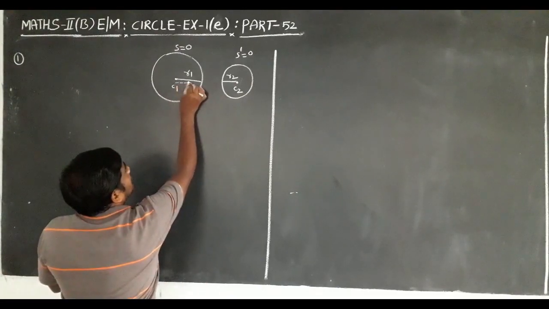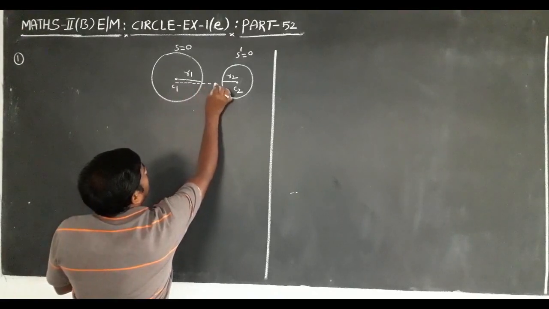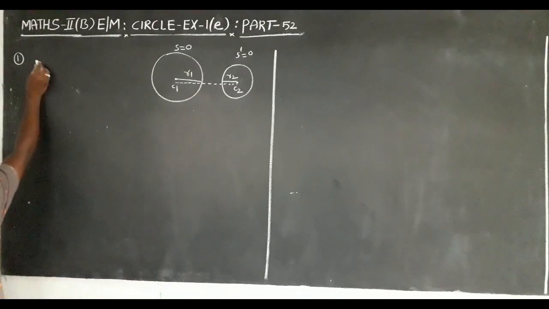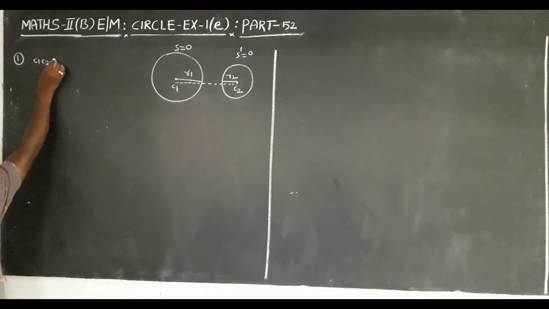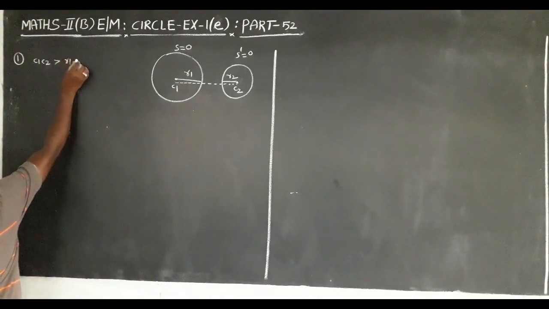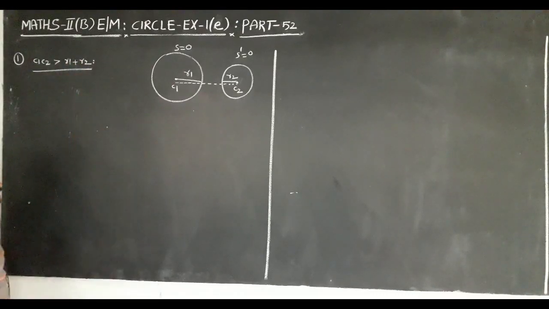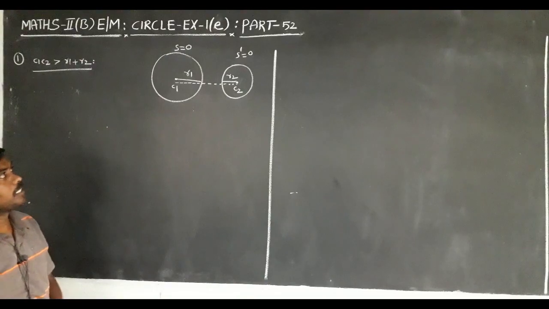In this case, C1C2 is greater than R1 plus R2.